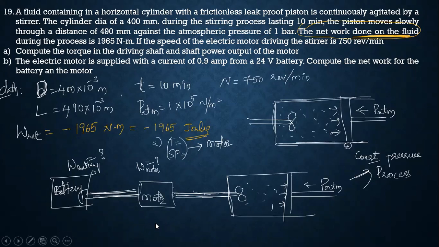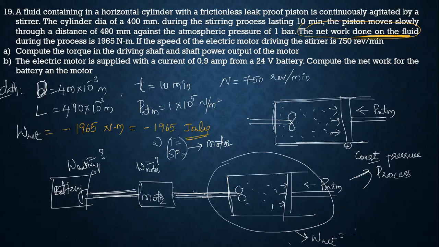First, let us calculate the net work done for this piston and cylinder arrangement. The net work done is the integral P dV work plus the stirrer work.